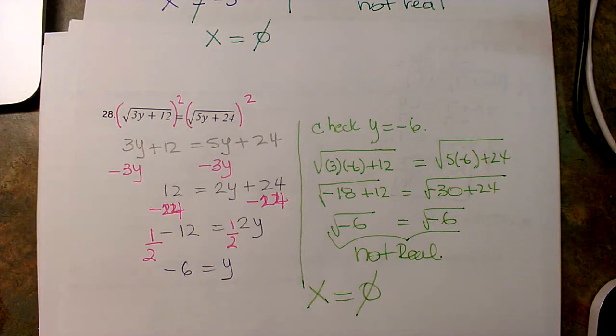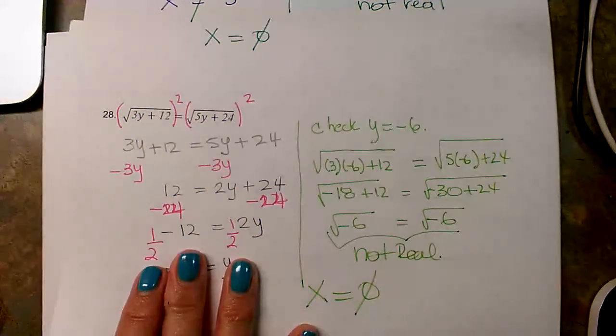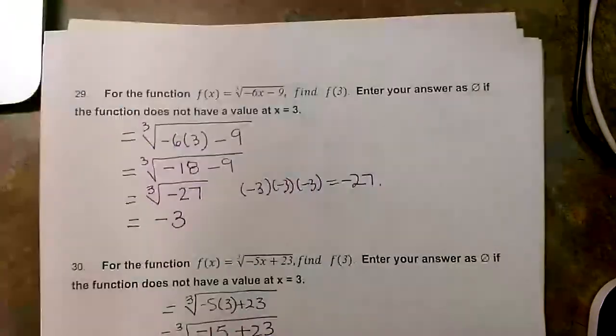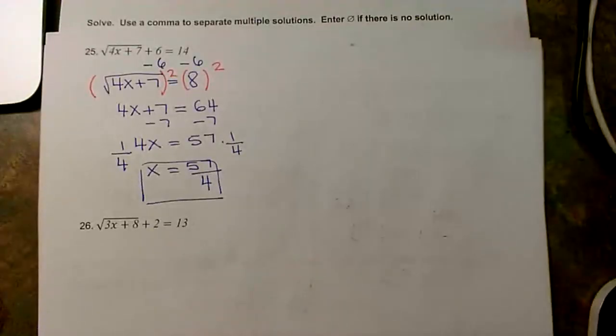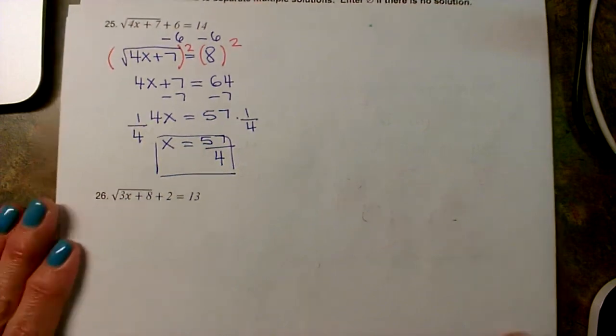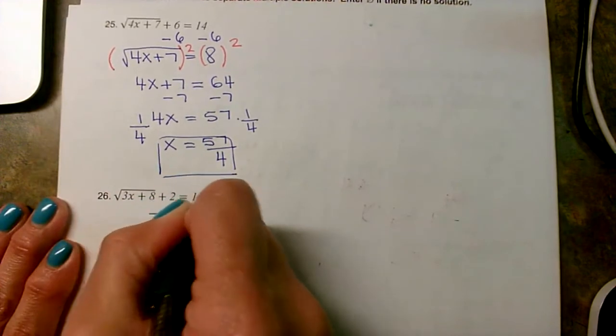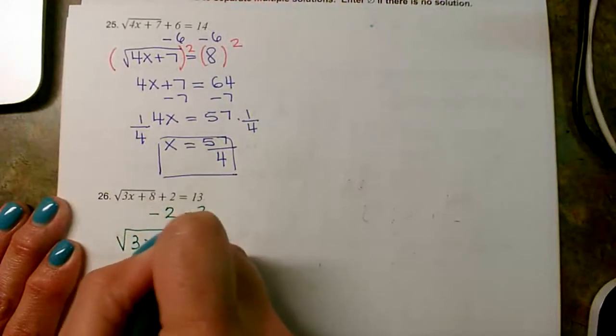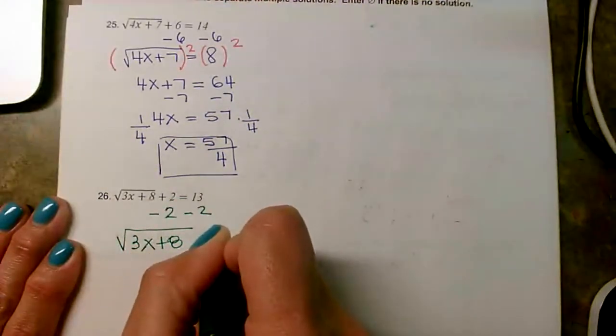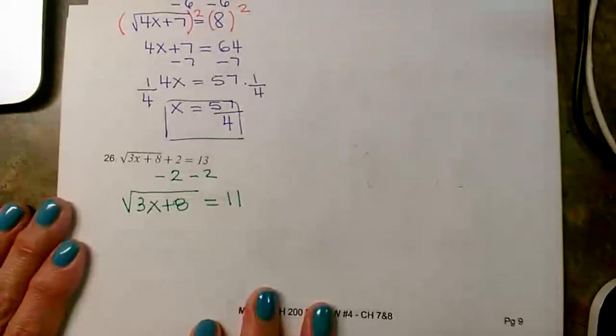Now, this is 27, 28. Let's do 26. On this one, we do have to do one more step, which is isolate the square root. That's all. So we're going to subtract 2 on both sides, and that will be 11, right?